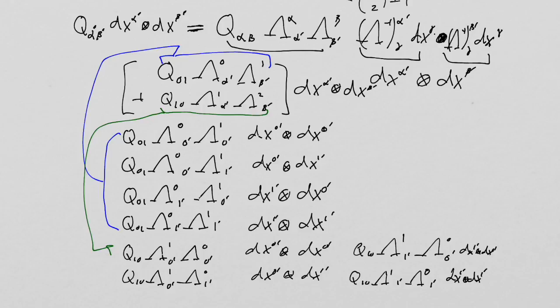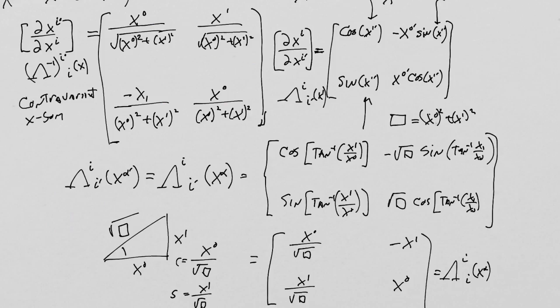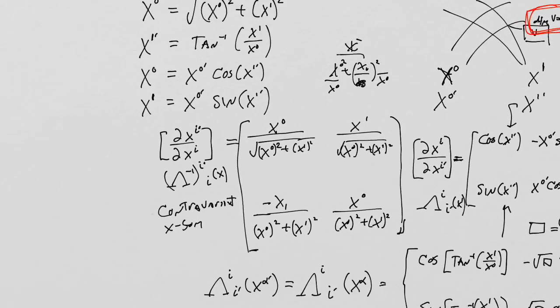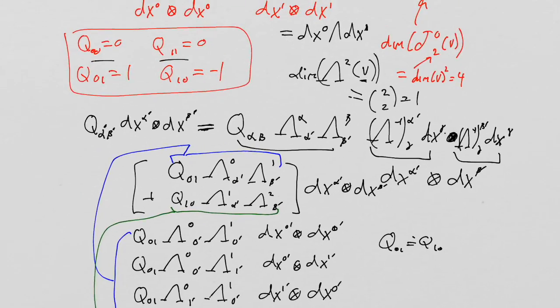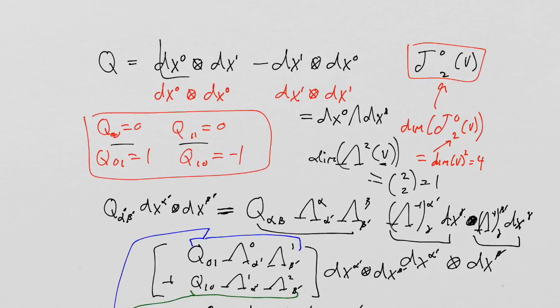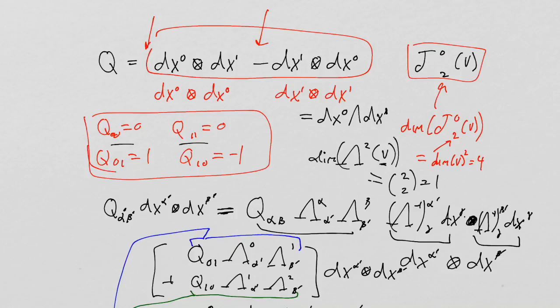Okay, so now looking at all of these things, we know that Q is antisymmetric. So we know that Q01 equals minus Q10. We know that because that's what we stipulated. Where did we stipulate that? It's right here in the definition. That's Q01 and that's Q10, right here.